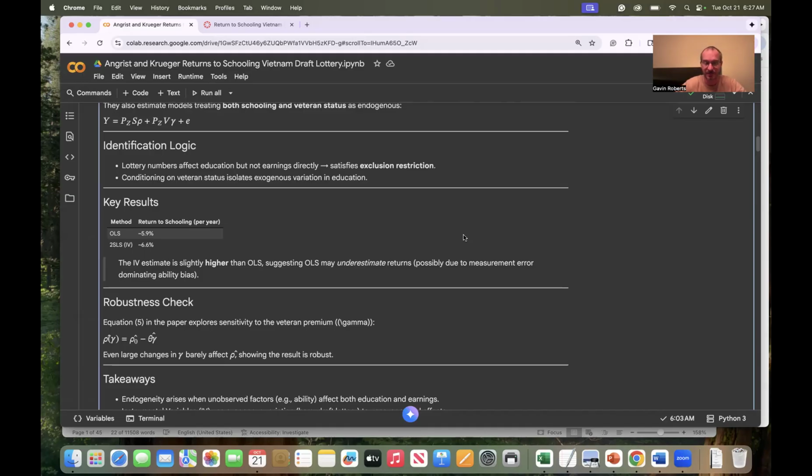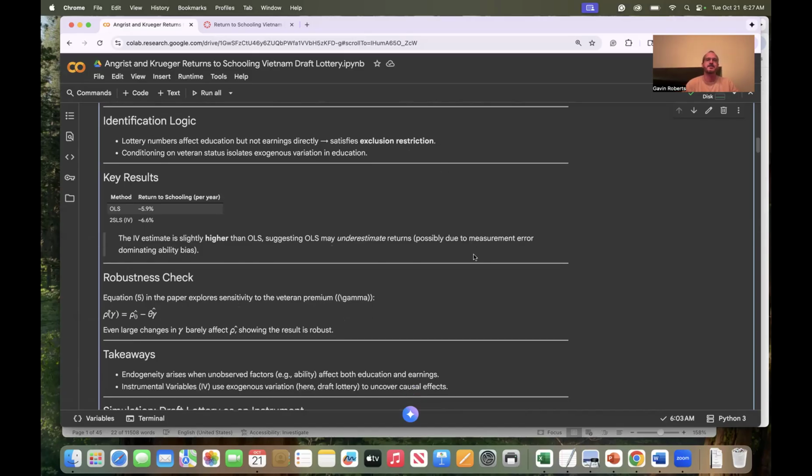Other paths for lottery numbers to affect earnings are excluded. This exclusion restriction language comes up a lot in econometrics and data science. Essentially we're using a proxy or an instrument, and we're assuming it only impacts our outcome variable through the variable that we're proxying for.